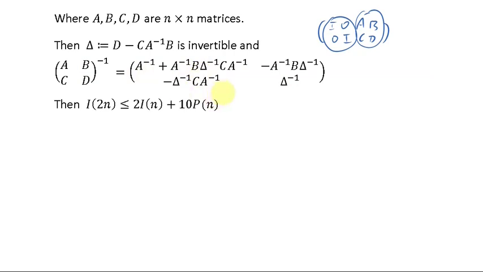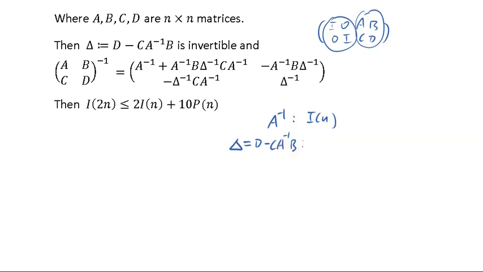And now let's find the number of operations needed to do this. First of all, we need to get A inverse, and the number of operations needed is I of n. And then we need to calculate delta, which is D minus C A inverse B. So we only need 2 matrix multiplications.